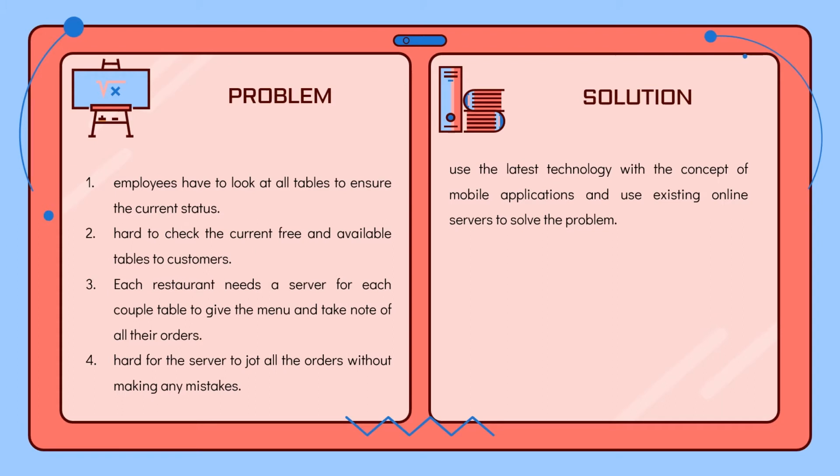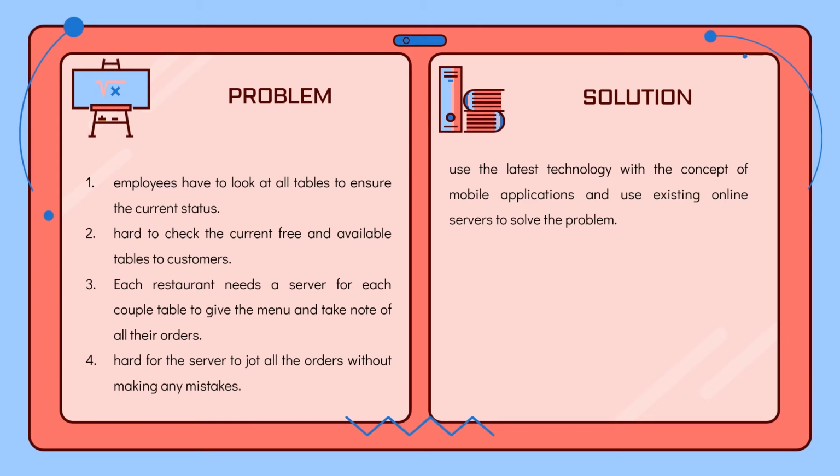Thirdly, each restaurant needs a server for each couple of tables to give the menu and take note of their orders. A restaurant needs 6 to 7 servers just to take orders from each table.